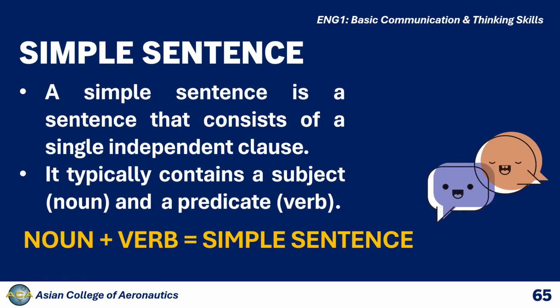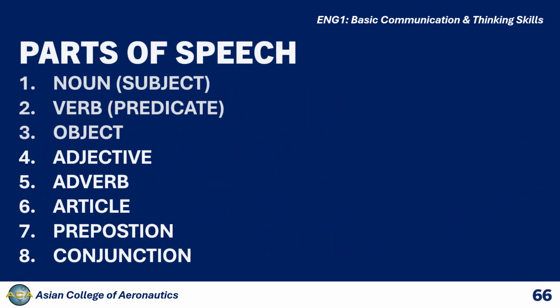So basically, noun plus a verb forms a complete thought, or what we call a simple sentence. If we have a noun and a verb in our statement, then we are writing or uttering a simple sentence.